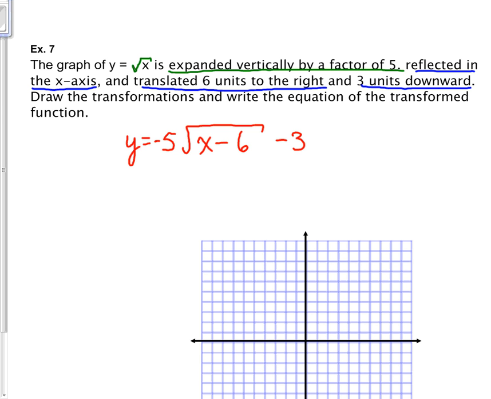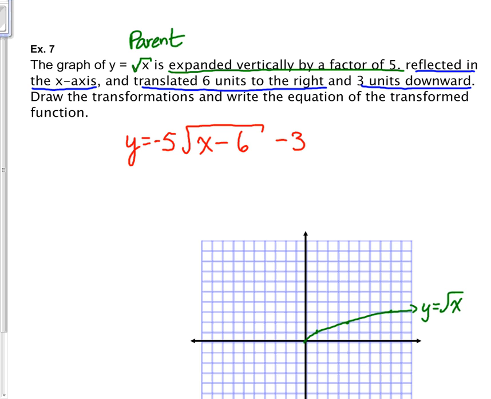We're going to start with the parent function. Y equals the square root of x is the inside-out parabola. So we start at 0, 0, 1, 1, 4, 2, 9, 3. And on it goes forever. There is our parent function.